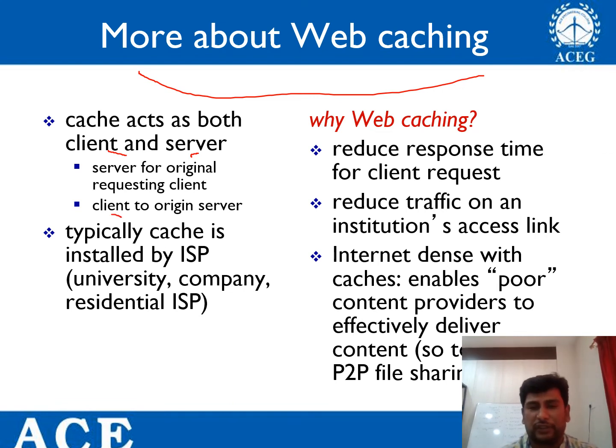So your proxy server does both roles, and generally the typical cache is installed by internet service providers. The major purpose of implementing web caching is to reduce the response time for the client request, reduce the traffic on an institution's access link, and also, with caches, to provide better delivery of the content.